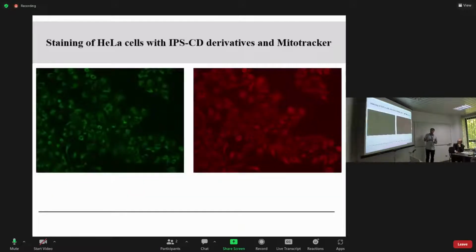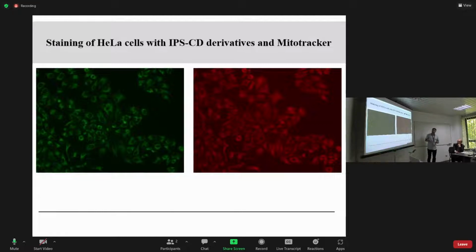But what we did additionally: we saw that the compounds accumulate in the lysosomes, which are acidic, but what if we check whether they can also accumulate in neutral organelles of cells? We decided to check if the compound is present also in mitochondria.